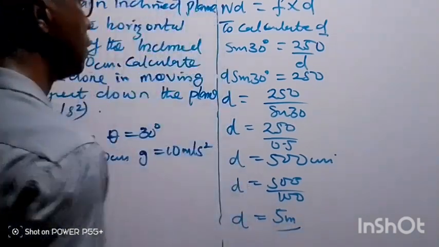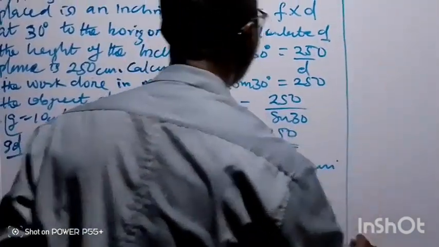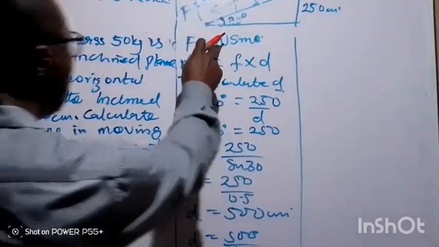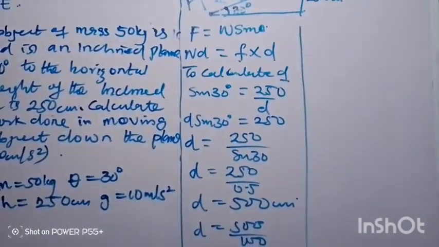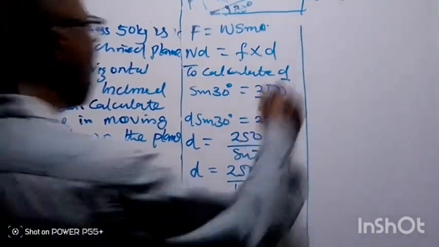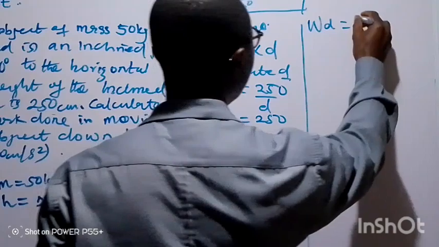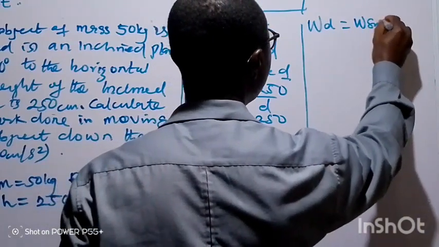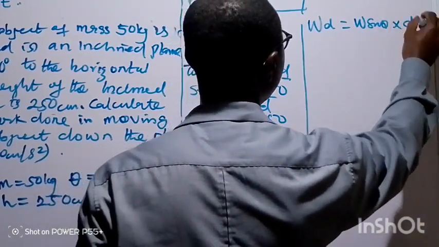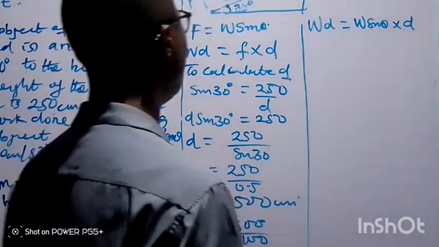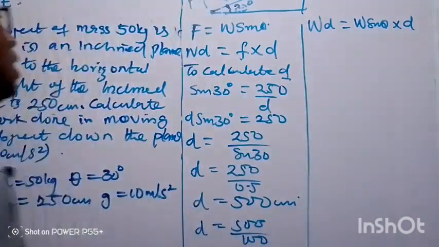Since we got D as 5 meter and our F is W sine theta, we can now say work done will be equal to W sine theta multiplied by D. Don't forget this is different from an ordinary horizontal plane, in which we say the work done equals F cos theta times D.